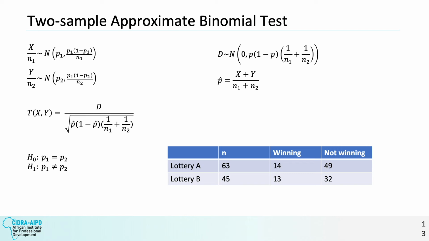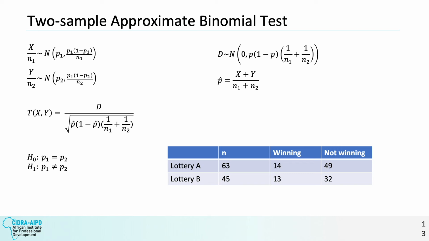Here, x divided by n1 and y divided by n2 are approximately normally distributed, and their difference, d, is also normally distributed under our null hypothesis that p1 is equal to p2. We can therefore pool the two samples to estimate p hat. To calculate our t-statistic, we use d and p hat.